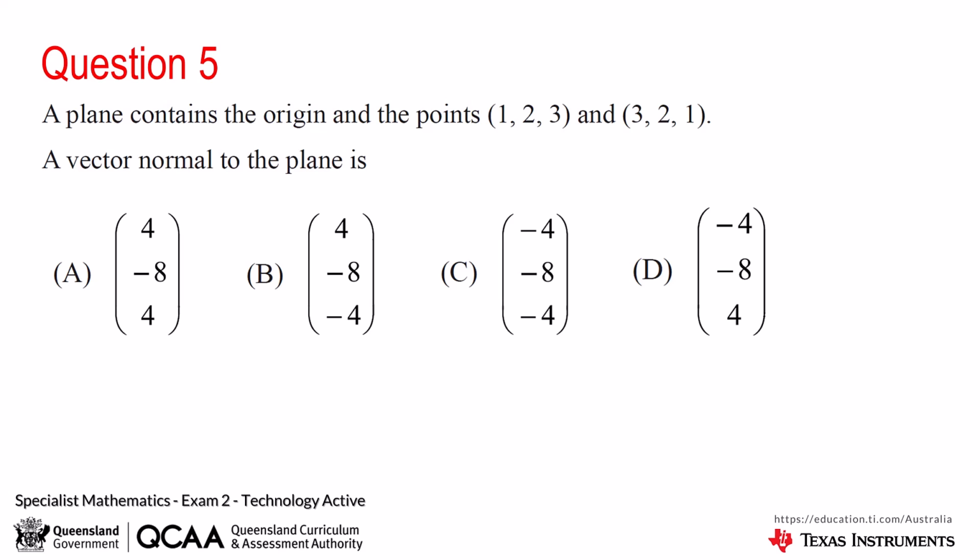So if we multiply by -1, we get 4i minus 8j plus 4k, and we have found a vector normal to the plane, and it is the vector that is in answer A, and so the correct answer is alternative A.